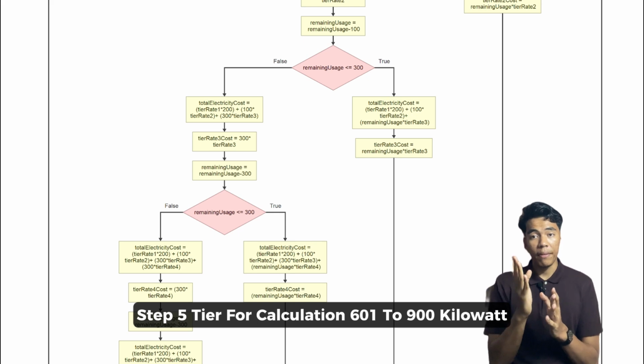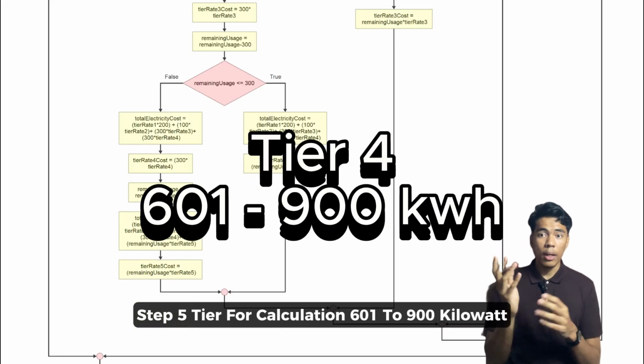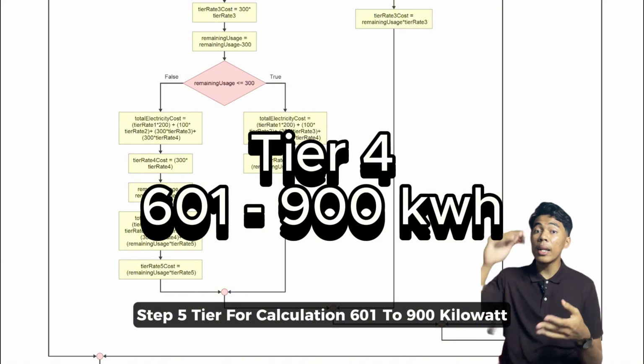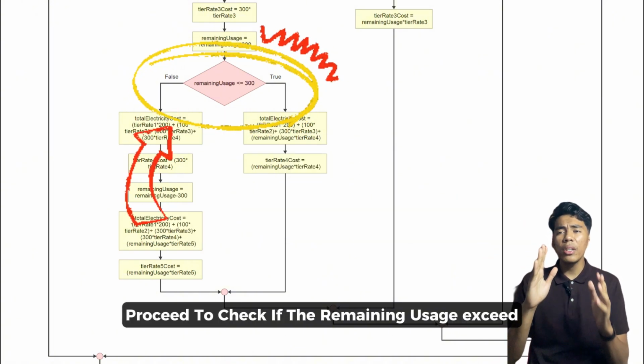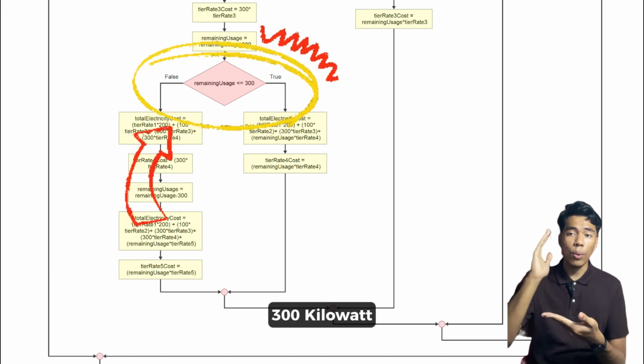Step 5. Tier 4 calculation, 601 to 900 kilowatt. The flowchart again proceeds to check if the remaining usage exceeds 300 kilowatt.